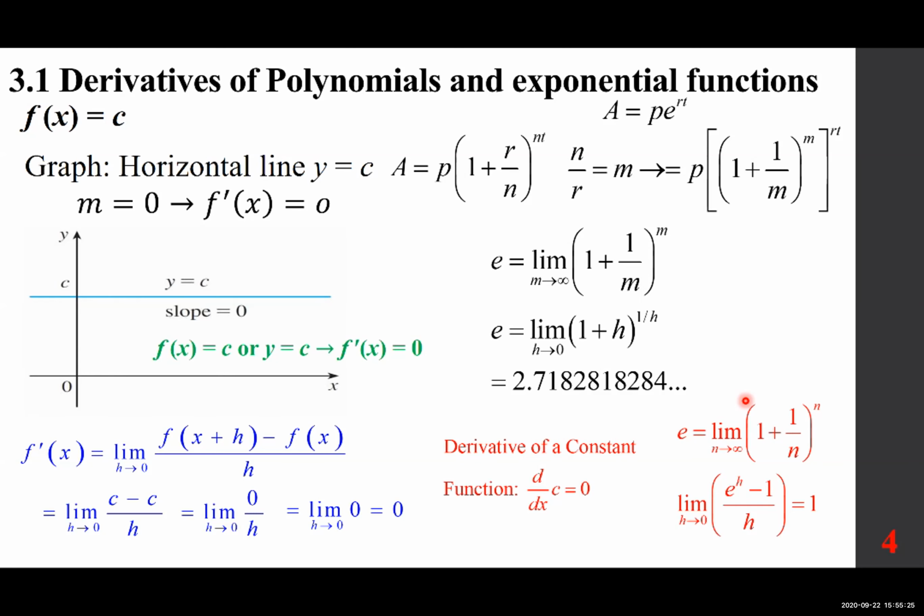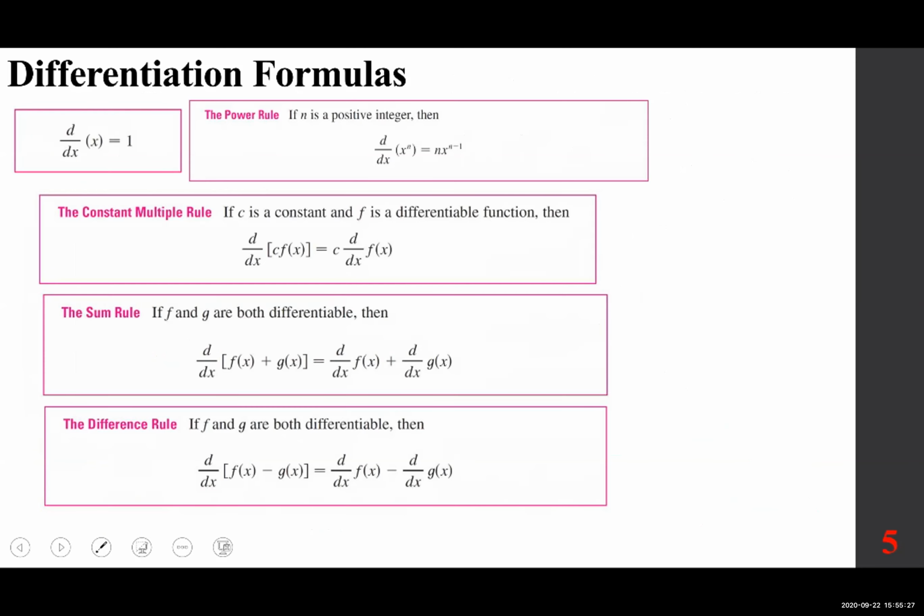So having said that, some formulas that are pretty straightforward, class, let's just quickly discuss them. The derivative of x is 1. This is called the power rule: the derivative of x to the power of n is n x to the power of n minus 1. I'm going to look at the proof for that.